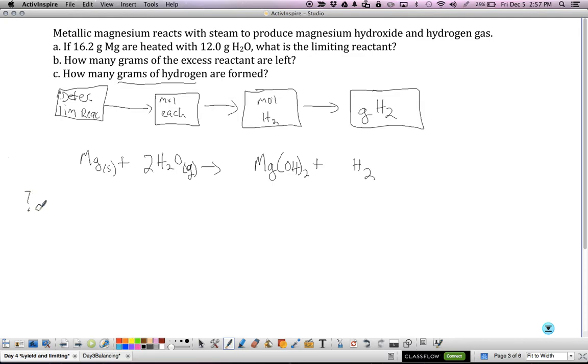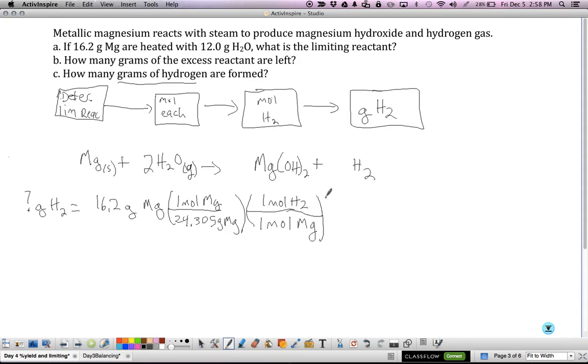Okay, so question mark grams hydrogen equals 16.2 grams magnesium times 1 mole magnesium divided by the molar mass of magnesium, 24.305 grams magnesium, times 1 mole H2 over 1 mole magnesium times 2.016 grams H2 for 1 mole H2. And that equals 1.34 grams H2.